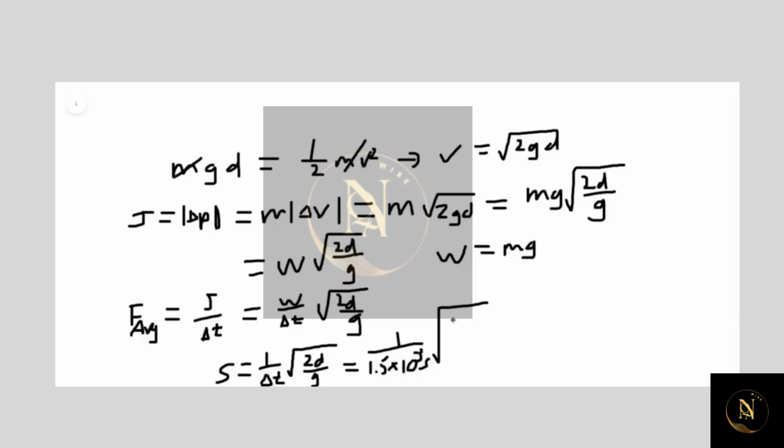D is 4.0 meters, so 2 times d is 8.0 meters, divided by g, which is 9.8 meters per second squared. Okay, so this is equal to 6.0 times 10 to the 2. We can box that in as our solution.